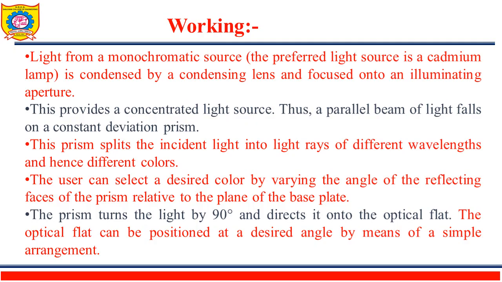This prism splits the incident light into light rays of different wavelengths and hence different colors. The user can select a desired color by varying the angle of the reflecting faces of the prism relative to the plane of the base plate. The prism turns the light by 90 degrees and directs it onto the optical flat. The optical flat can be positioned at a desired angle by means of a simple arrangement.